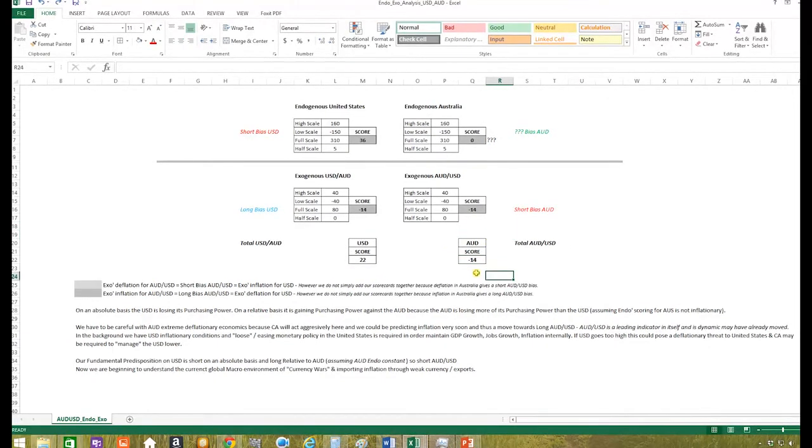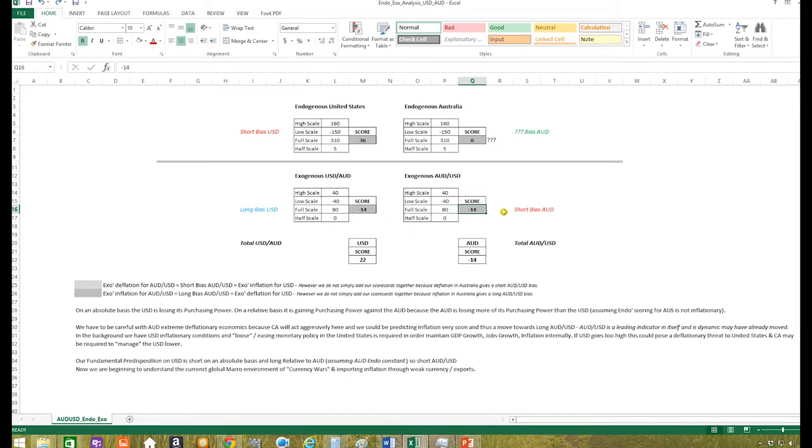Now, what happens if we stress test this analysis and we end up, for example, on the Australian side, getting a total number through our overall analysis, a total number that's positive?